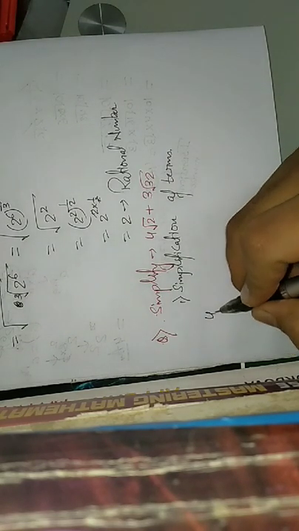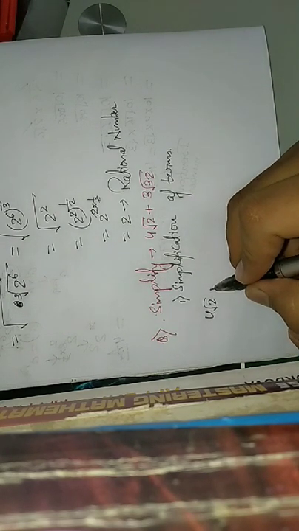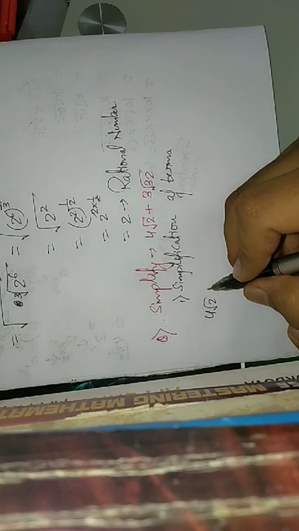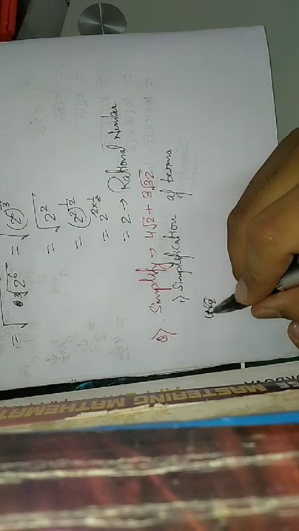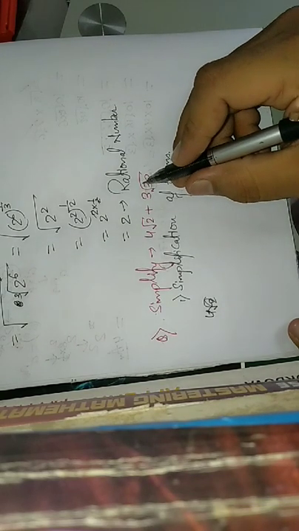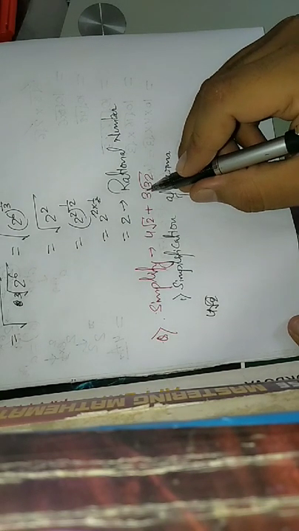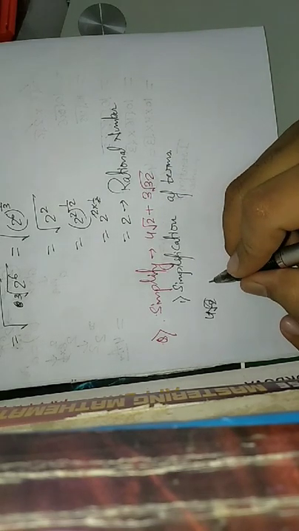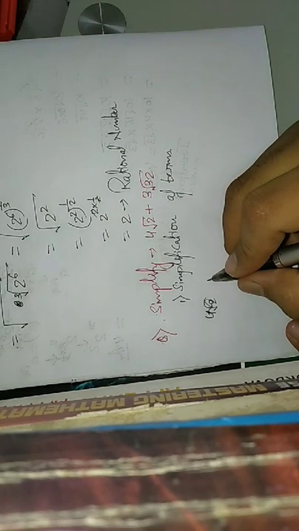Let's talk about 4 root 2. 4 root 2 is already in its simplest form, but this 3 root 32, it's not cube root, it's 3 root 32, is not in its simplest form.